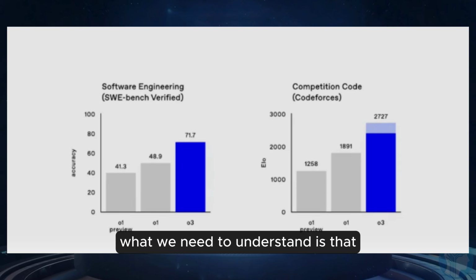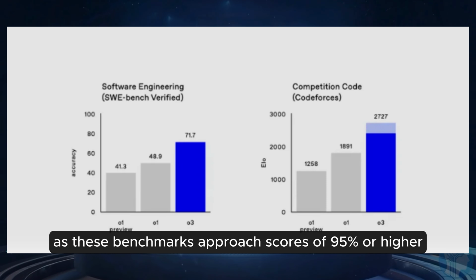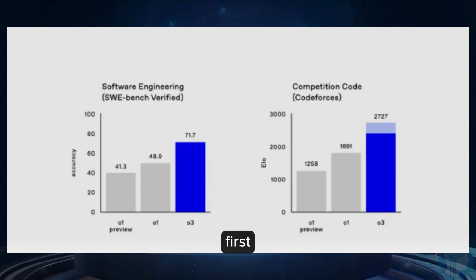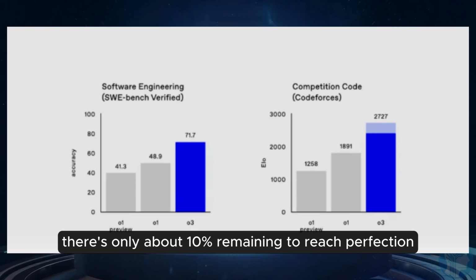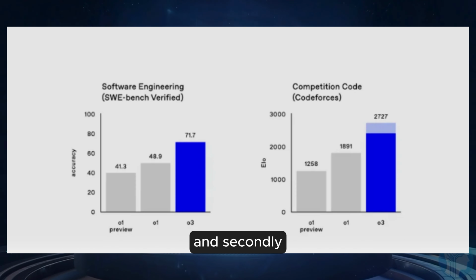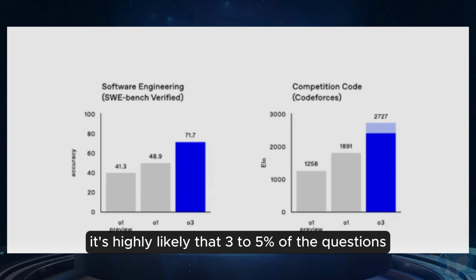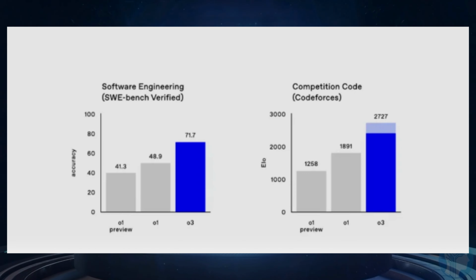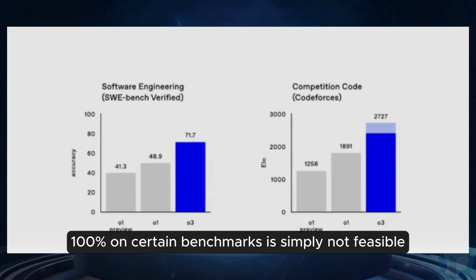What we need to understand is that as these benchmarks approach scores of 95% or higher, the incremental improvements become more difficult to achieve. First, there's only about 10% remaining to reach perfection, and secondly, it's highly likely that 3 to 5% of the questions are flawed, meaning errors exist within them. As a result, achieving 100% on certain benchmarks is simply not feasible.